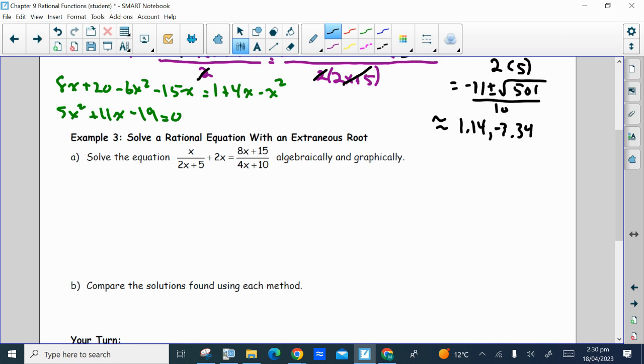And as we said, you always need to check to determine whether or not one or more of your answers that you find are extraneous. Right? And the graphical solution will do that.